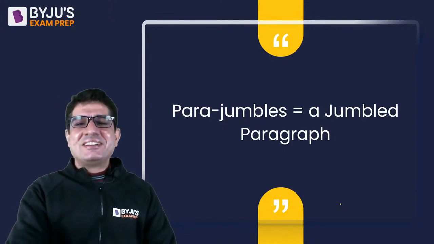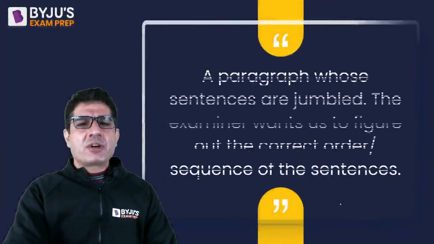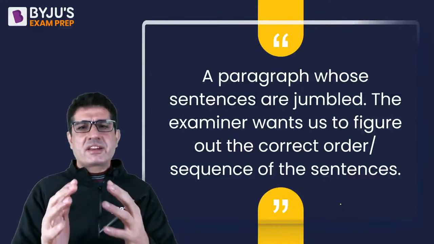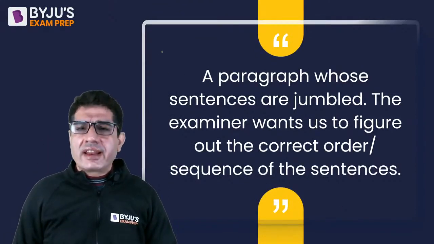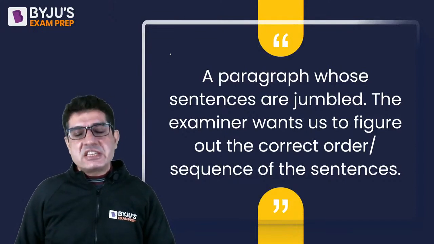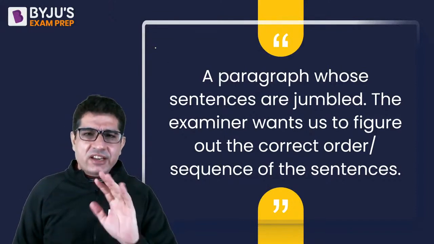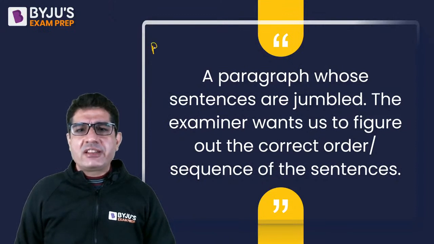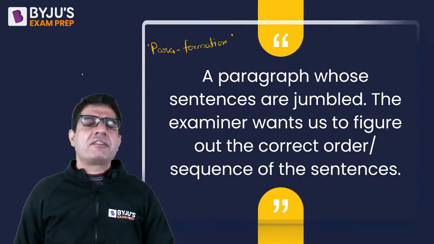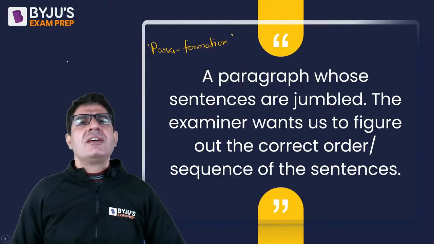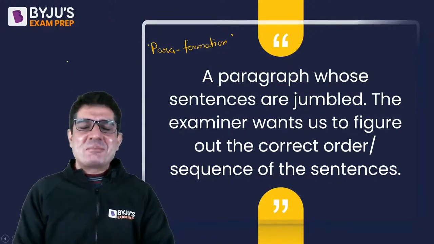So we have a question type where you have a paragraph whose sentences are jumbled, and our job is to figure out the correct order or sequence of the sentences. There are days when I feel like calling these questions para formation questions. After all, we are supposed to form a paragraph out of the sentences given, but Para Jumbles has caught on. It is an established word, so let us stick to that.